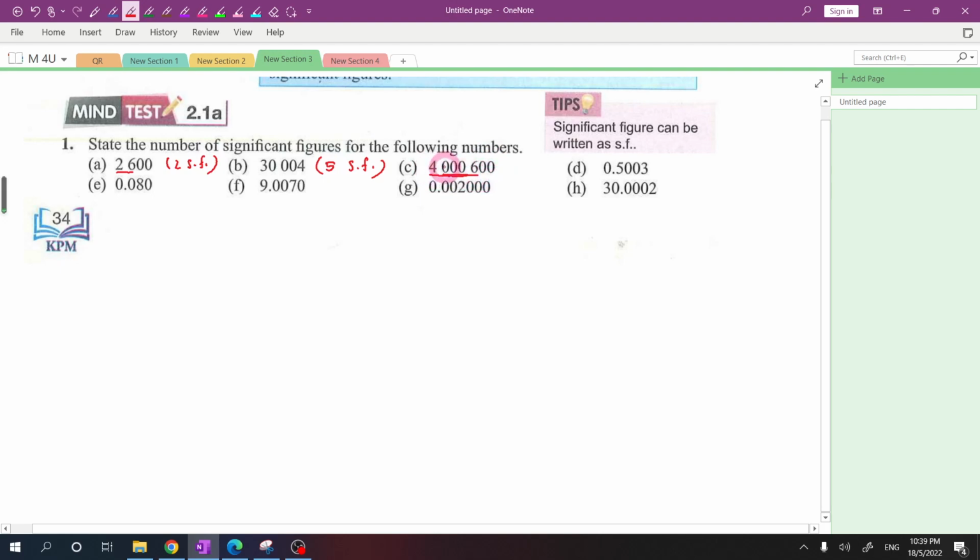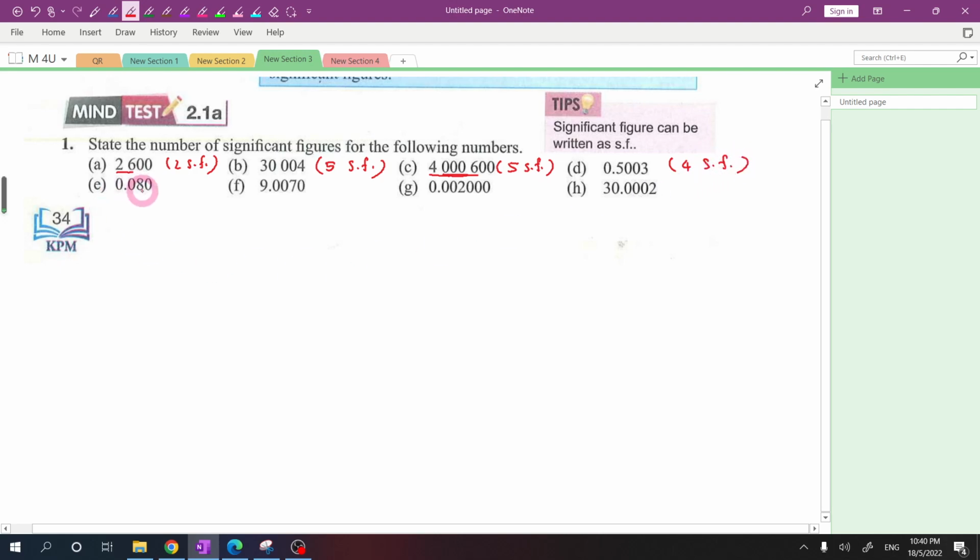So we have 1, 2, 3, 4, 5. We have 5 significant figures. How about this one? When you have a decimal, remember, start counting the number of significant figures from the first non-zero digit. This one is not counted. This is the first one. 1, 2, 3, 4. 4 significant figures.